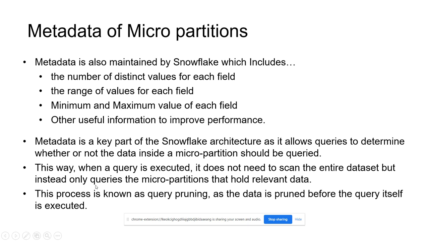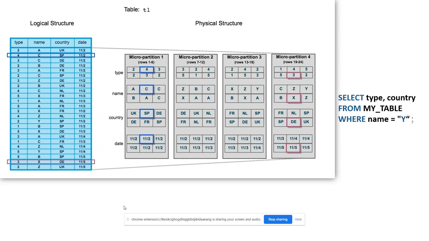That means even though the data is stored in thousands of micro partitions, the metadata will tell us which micro partitions, and how many, need to be scanned. That we call query pruning in Snowflake. Okay, so let's see the same with an example.